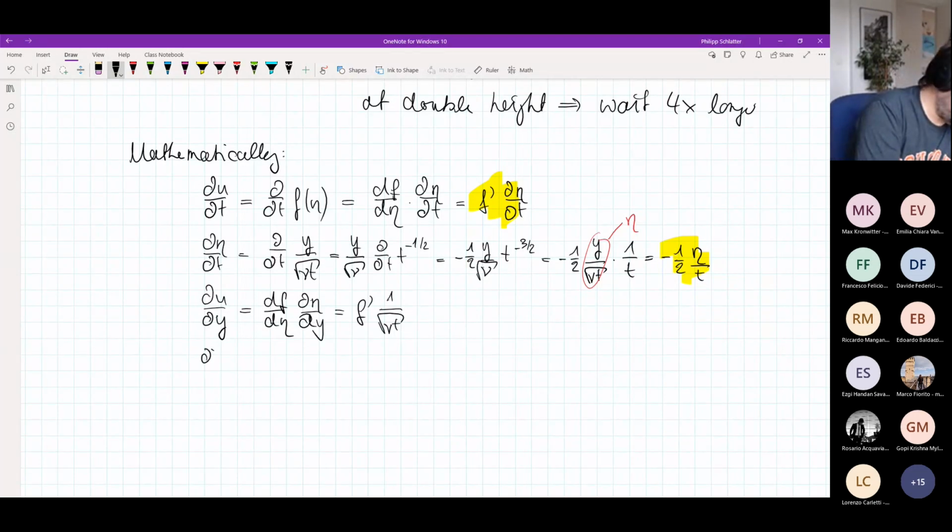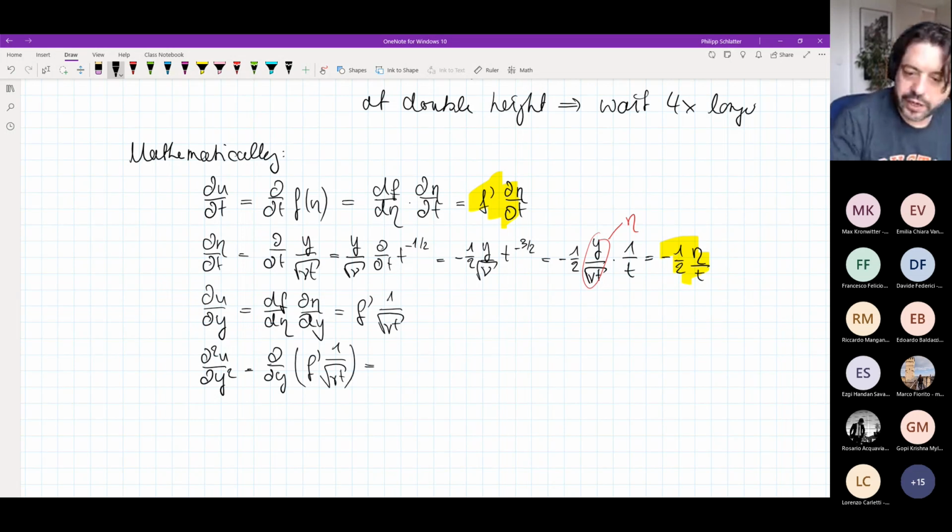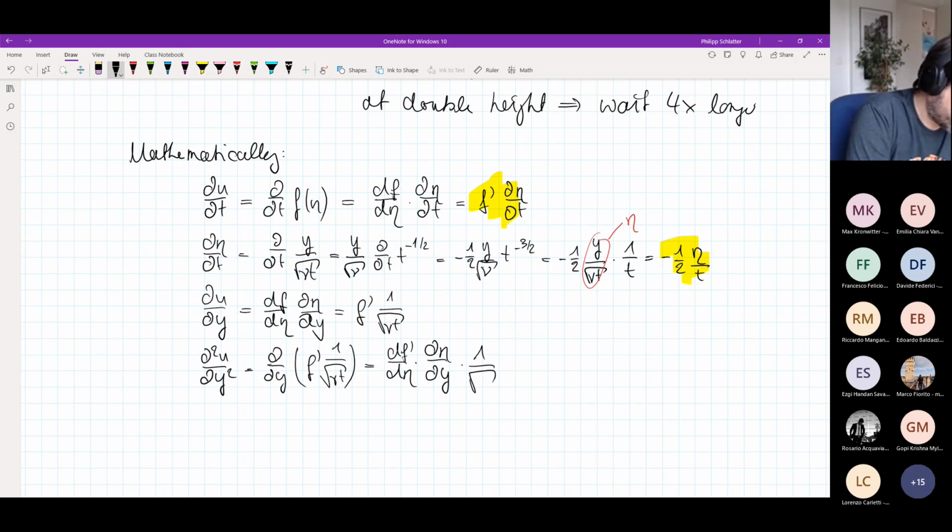And now we can continue with d squared u dy squared. That would just be d dy of exactly what we have just calculated, d dy of f prime times 1 divided by the square root of nu t. Now, this all becomes a little bit annoying with all these derivatives, but in the end, it's nothing very strange. It just becomes, with the chain rule, df prime d eta times d eta dy times 1 divided by the square root of nu t.